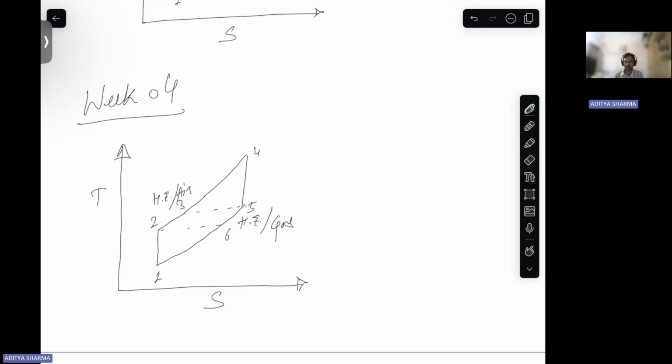So this is your Brayton cycle with heat exchanger.